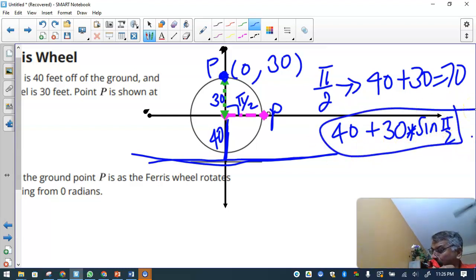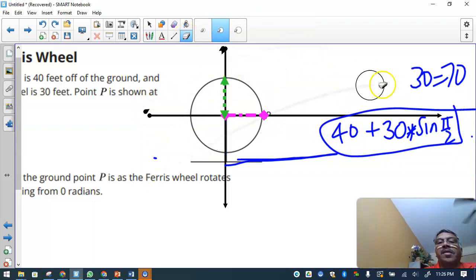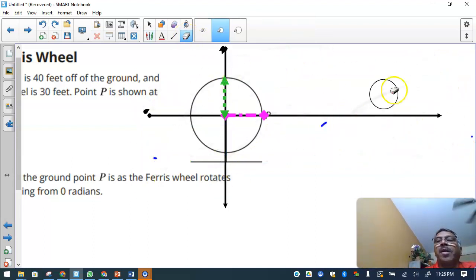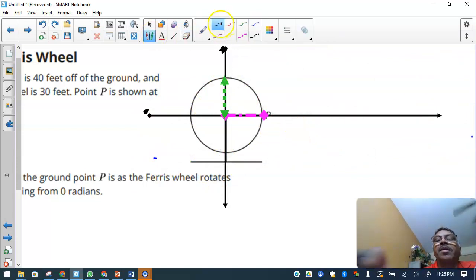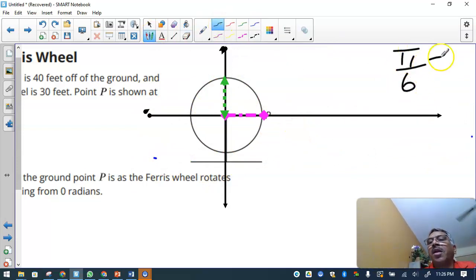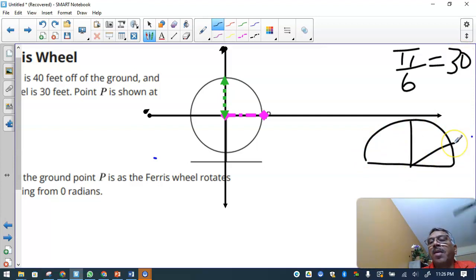The next question they give is 5 pi by 6. So again, let me clean this off and see where 5 pi by 6 is. First of all, pi by 6 is 30 degrees, right? And 5 pi by 6 means in a semicircle, you can see 30, 30, 30, 30, 30.